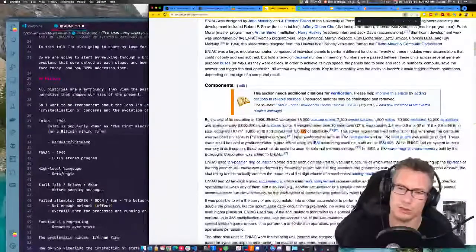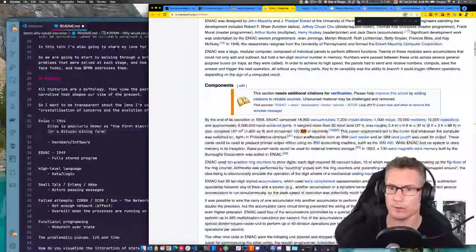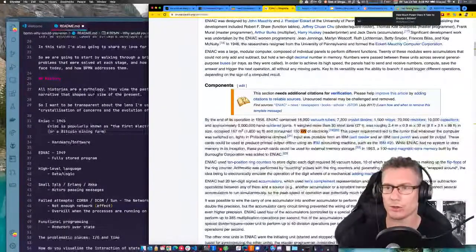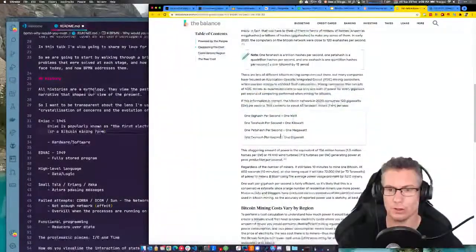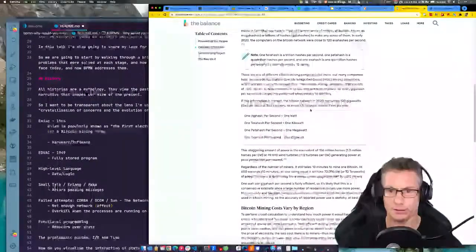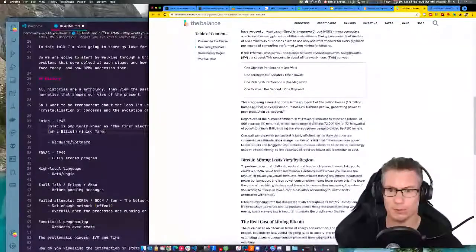I guess it consumes 150 kilowatts of electricity per hour, kilowatt hours. 120 gigawatts, 10 minutes to mine 1 Bitcoin.